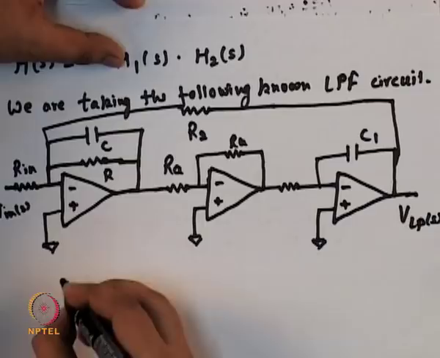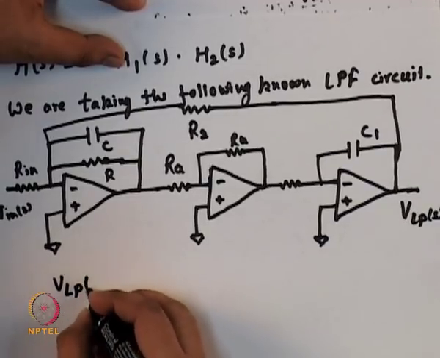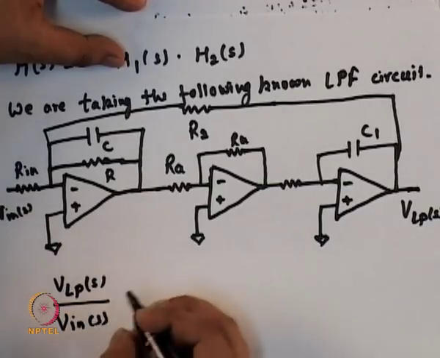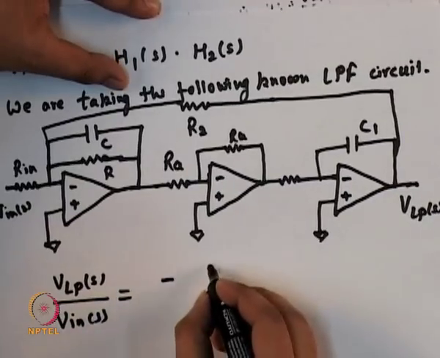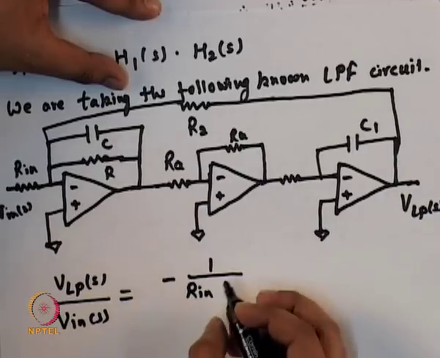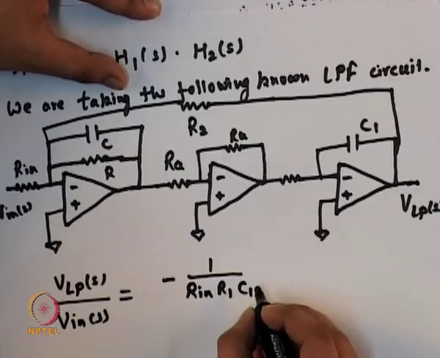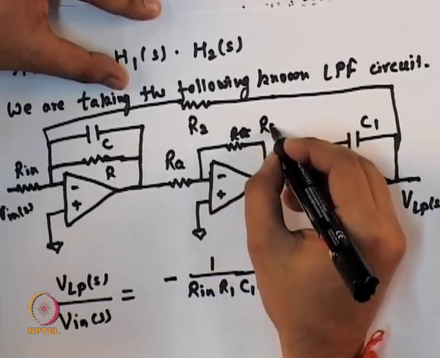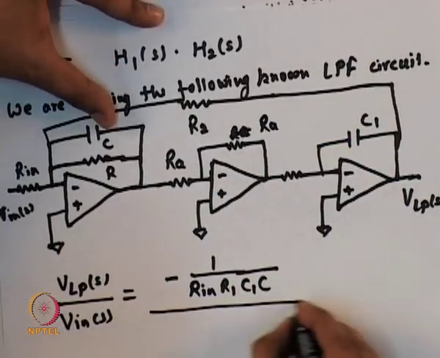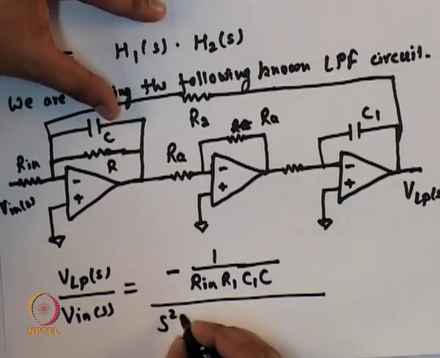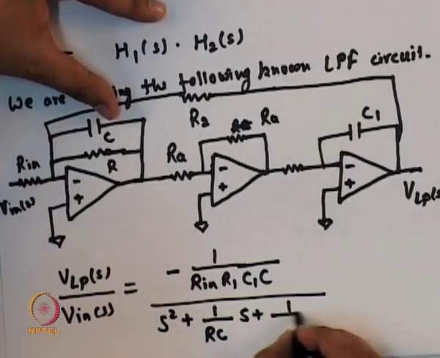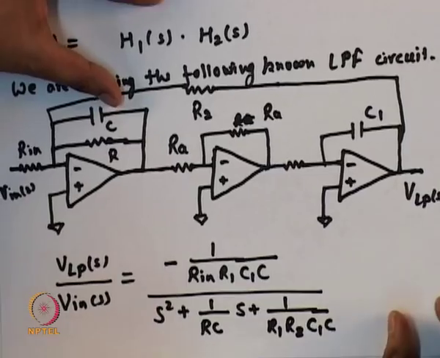So I know the transfer function of this circuit, which is VLP(s) upon Vin(s) equal to minus 1 upon (Rin R1 C1 C), this is RA, upon s square plus (1 upon RC) s plus 1 upon (R1 R2 C1 C).